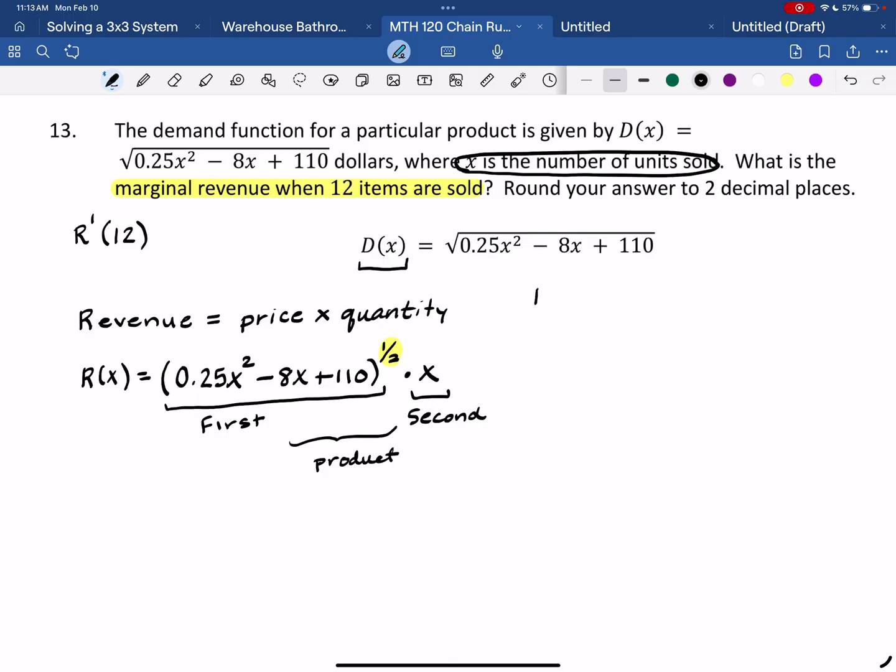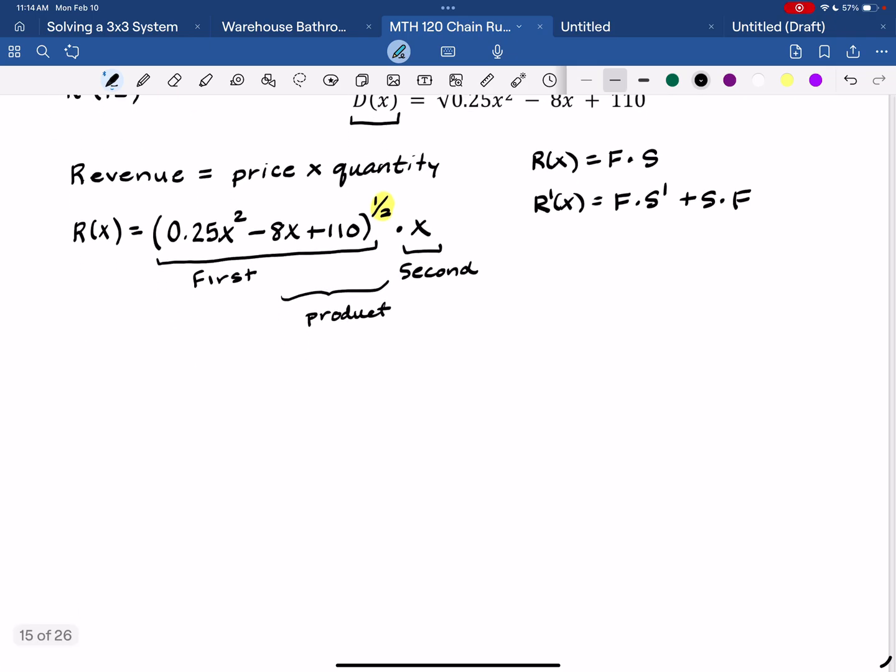So remember, if R of x is the product of a first and a second function, then R prime of x is first times derivative of the second plus second times derivative of the first. And the hardest part of this is recognizing, first of all, that you have to multiply by x to get revenue, and that x can go in the front or back, it doesn't matter. And the second thing is that you've got to use a product rule because now we're multiplying.